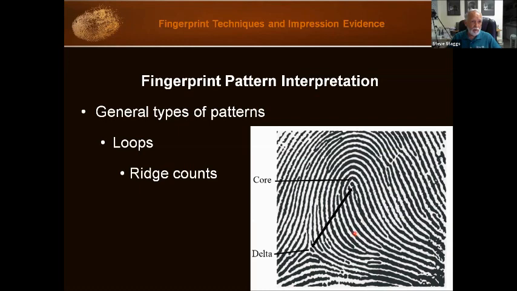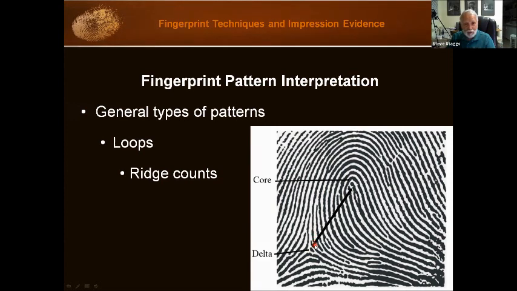So this is a right slope loop, and this actually has, well, let's find out, the ridge count. Now, you do not count the core, so I'm not going to count that, but I will count this one. So that's 1. Now, right here, and I'm sure this is hard for you to see, this ridge here does not actually touch the line.